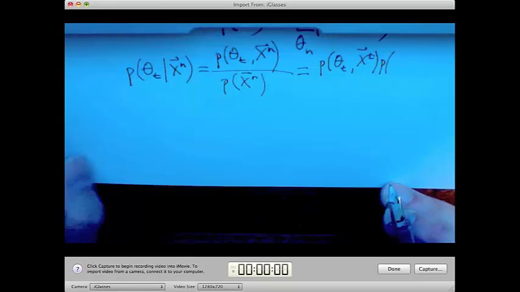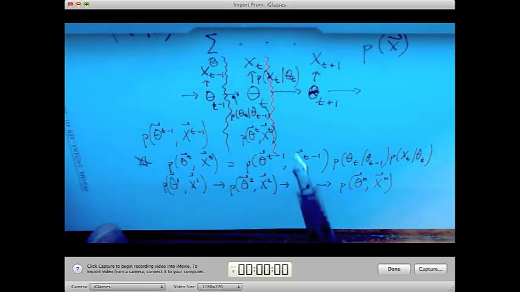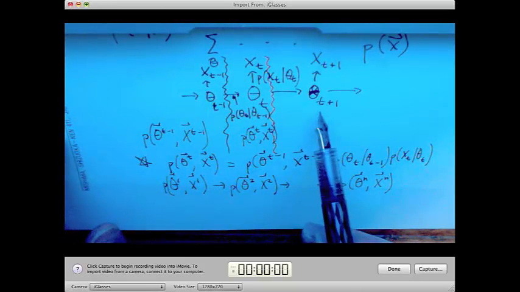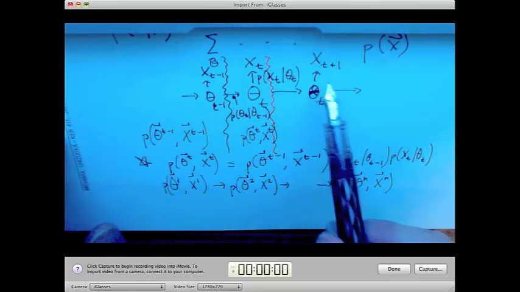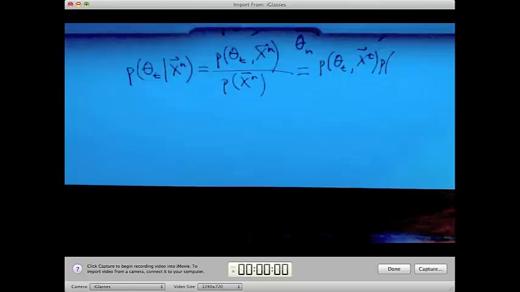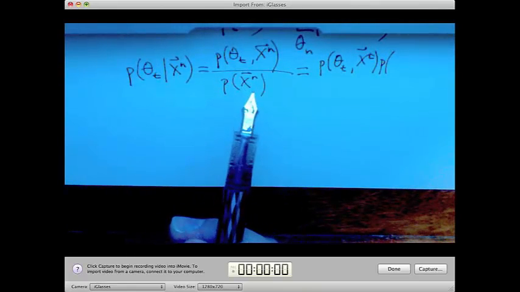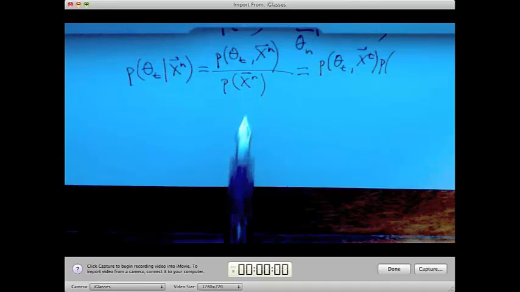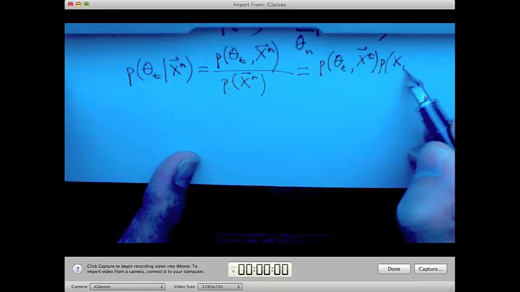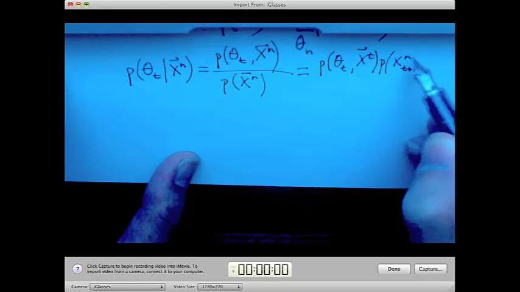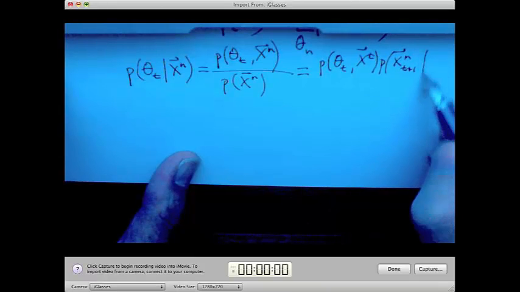What's left? Well, again, we can go to our picture. So what's in the picture here? Well, there's a bunch of xt's, right? There's xt plus 1, t plus 2 on out, right? So looking at this, we don't want any more thetas, right? We just want x's. So it's just going to be x from t plus 1 on up to n, and now it's going to be conditioned on theta t.